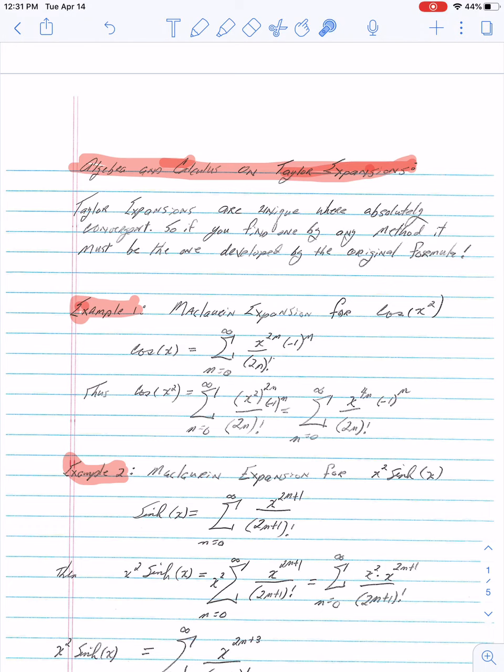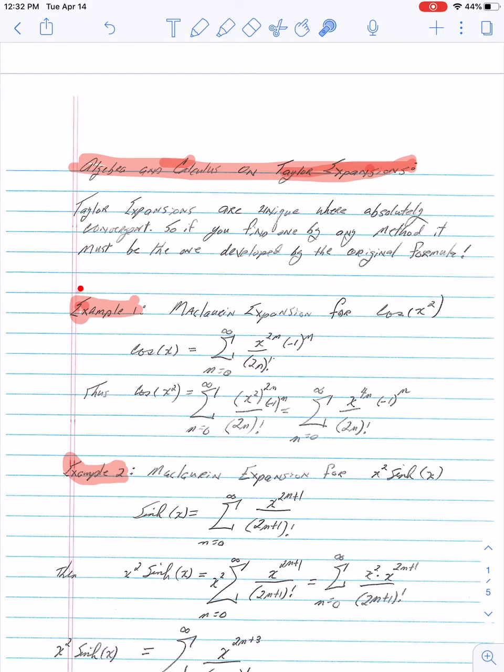And so I don't always have to go back to the definition of a Taylor expansion to compute it. If I can take a known Taylor expansion and do a little calculus or a little algebra on it and come up with it, then I can come up with a Taylor expansion for other functions. Now let me show you what I mean by that.